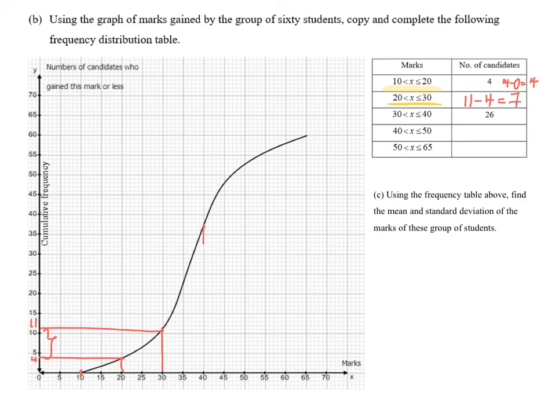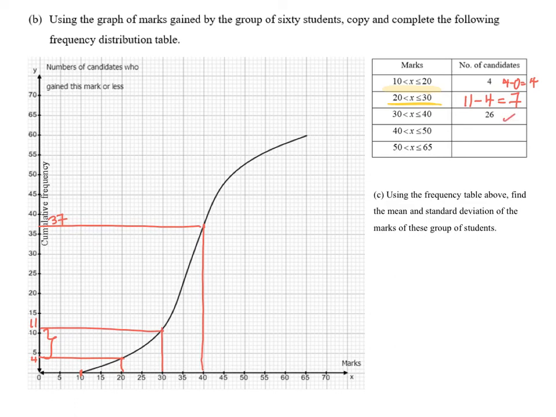Similarly, for the rest, let's work out the different answers. For 40, I got 37. So I'm going to take 37 minus 11 gives me 26, which is correct.